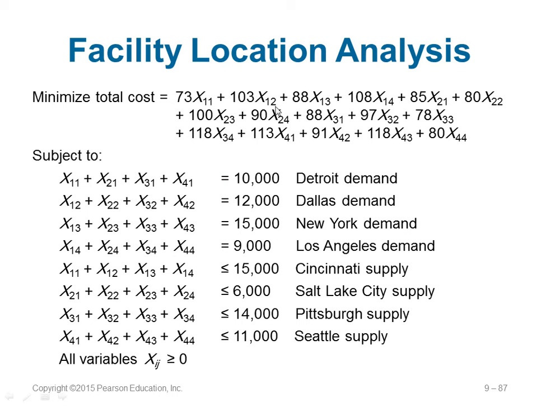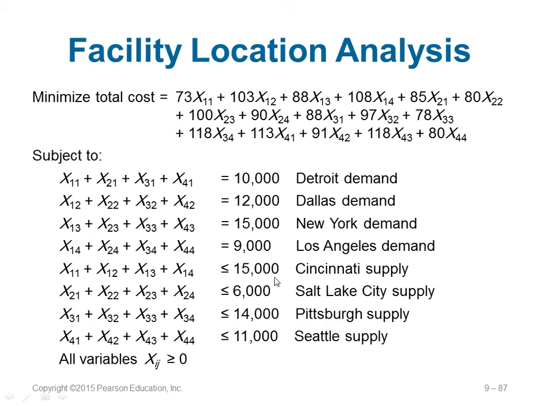Similarly for X12, you have to see the production cost plus the transfer cost, and similarly for each one of them. The demand of Detroit is 10,000, so you write X11, X21, where the destination is 1 because it represents Detroit. This is the demand, so it is always an equality, not less than or greater than. Dallas is number 2, so from anywhere to Dallas, and then from anywhere to New York, which is number 3, and Los Angeles is number 4.